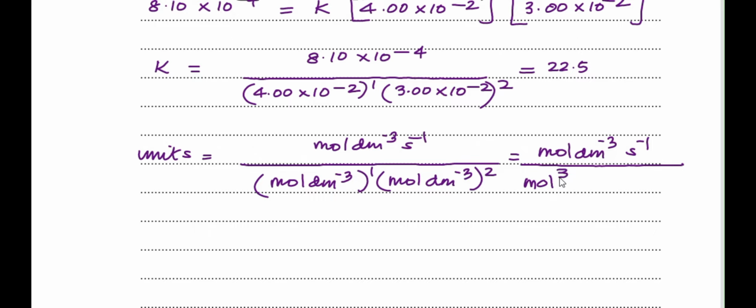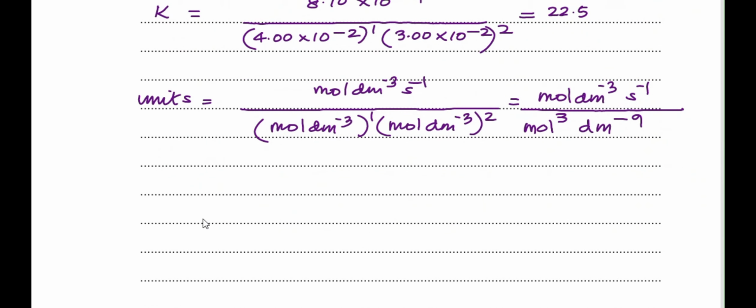So moles to the power of 3 dm cubed, which will be minus 3 to the power of 3, which is minus 9. This will simplify to mole squared in the denominator.